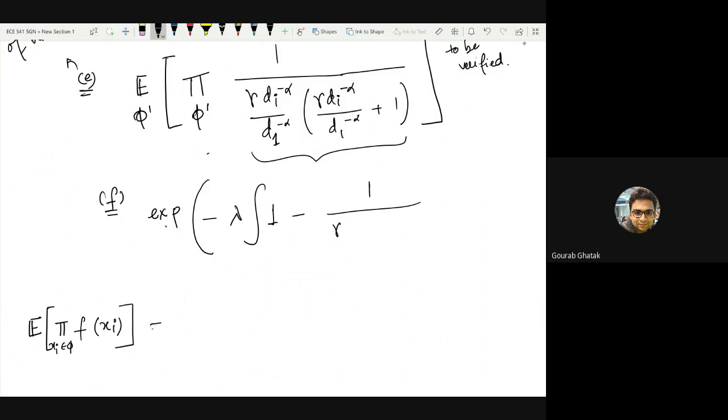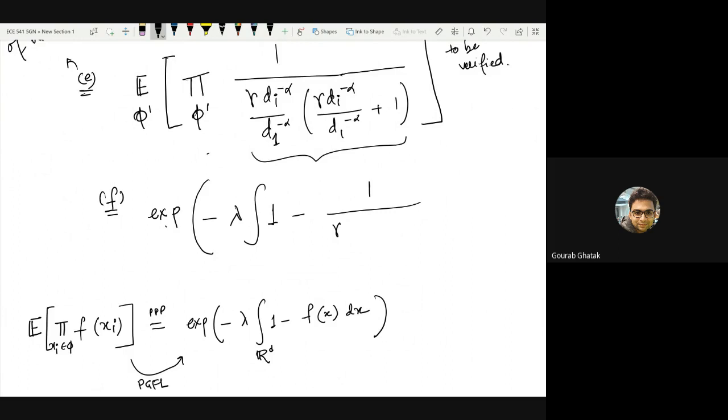For a Poisson point process, this becomes the exponential of minus lambda times the integral of 1 minus the function evaluated at a dummy point. Yes, that dummy point spans the entire domain. What is this result called? This is called the probability generating functional of a Poisson point process. So we are using the same thing in step F.